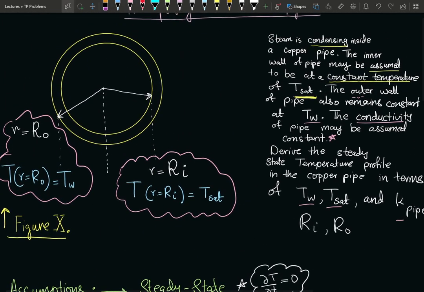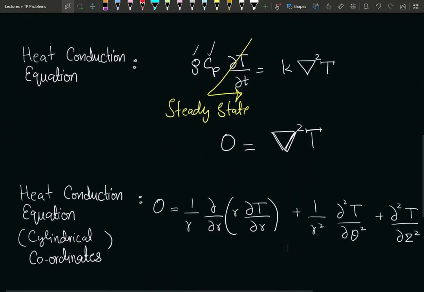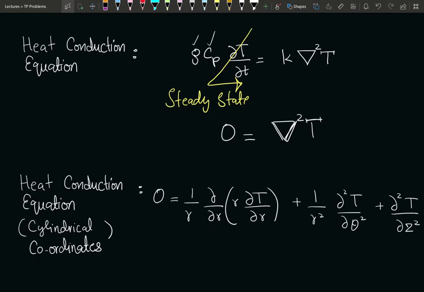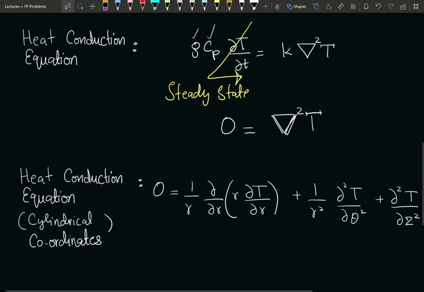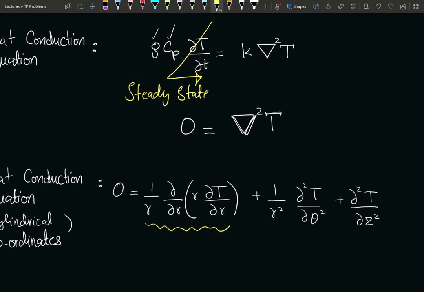This is a cylindrical pipe, so I'm going to be using the heat conduction equation in cylindrical coordinates. If I were dealing with a spherical ball, it would have been spherical. And previously, when we were dealing with a plane, with double pane windows, we had Cartesian. Remember, we said heat transfer only in the radial direction, so there can only be temperature variation in the radial direction.